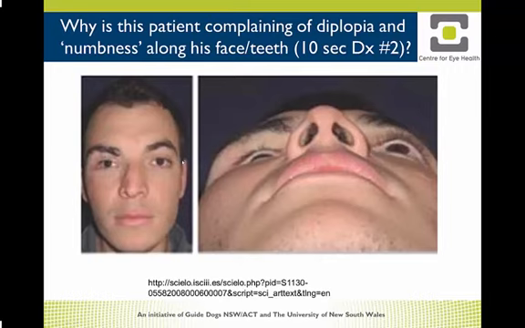So here's our case number 2. This patient is complaining of diplopia and numbness along his face, and it's this region here that there's a change, and you can see a little bit of redness. This typically occurs secondary to some blunt trauma to the eye, but can also occur in patients that have chronic sinusitis, and secondary to a severe sneezing attack has been reported. They end up with a blowout fracture of the orbit, and you can see this in this patient here, where there's severe enophthalmos.